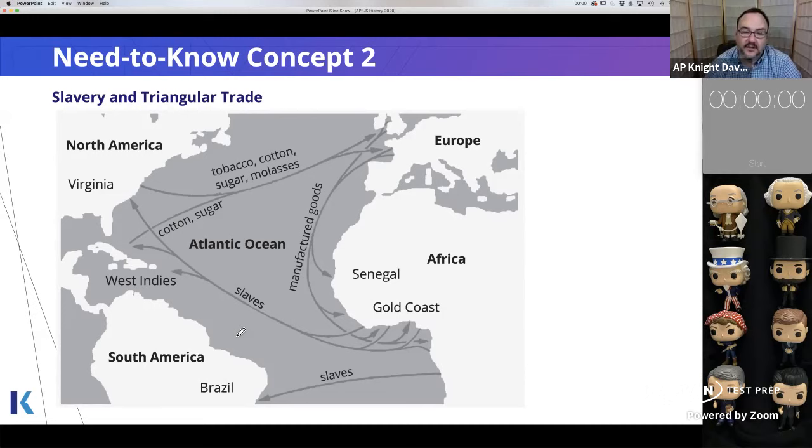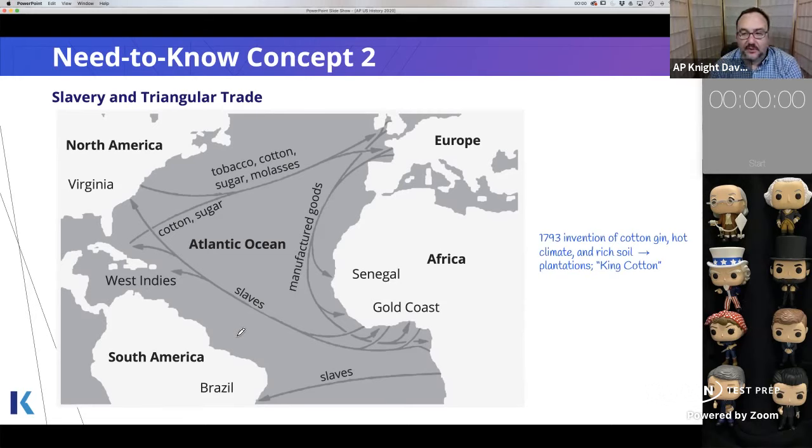And then the slaves are going to come from Africa and head over, and it's just going to keep going, making this triangle. So knowing what goes where, think of it like resources, goods, people. Even if you just did that, remember the 3 legs of the triangle.